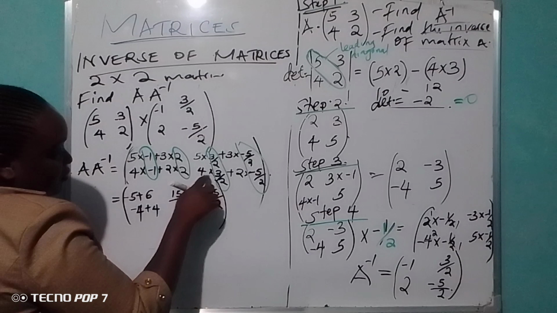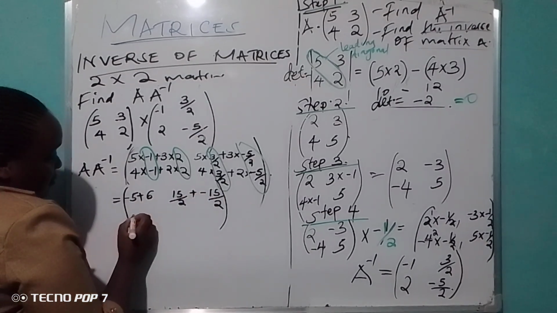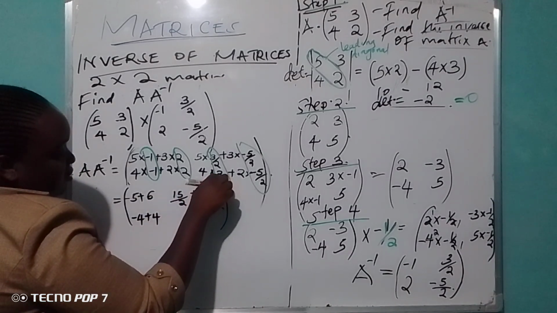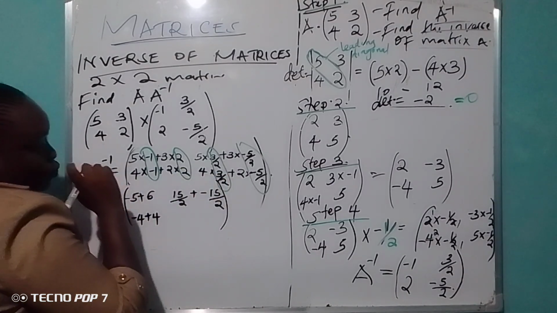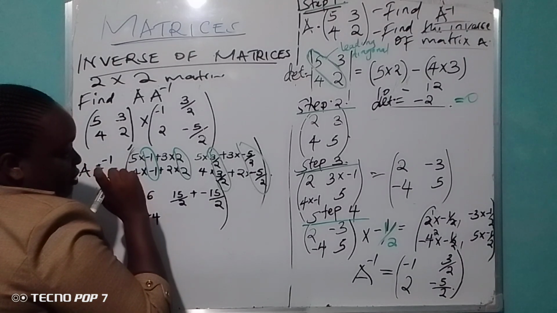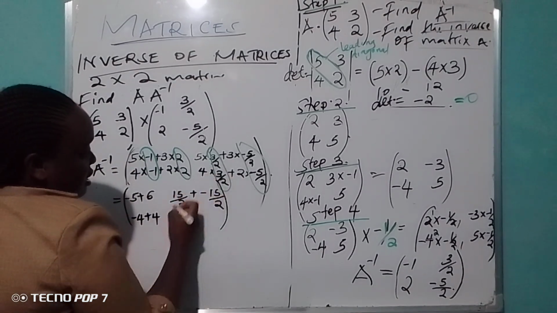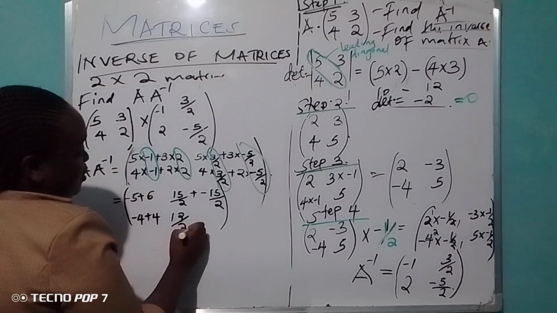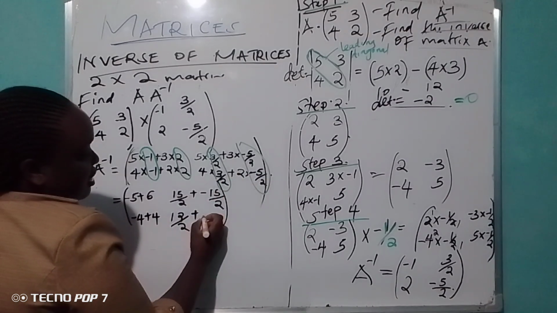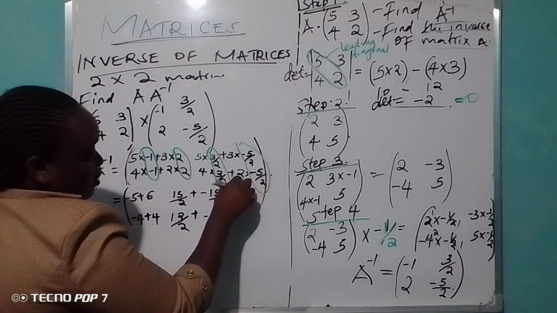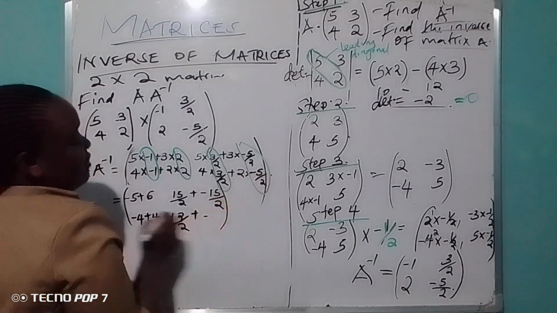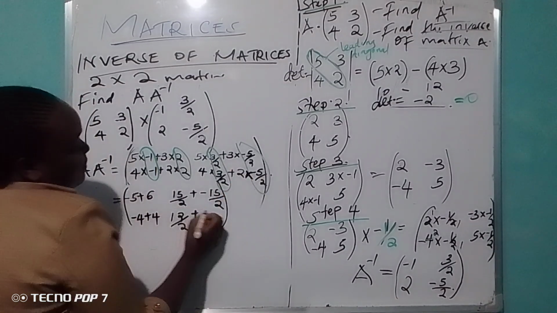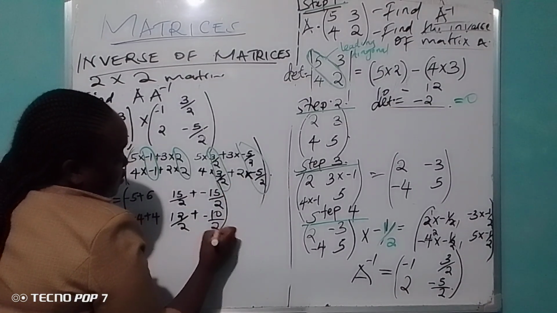Then -4 plus 4. Then 4 times 3 is 12. 12 over 2 plus 2 times -5. 2 times -5 is how much? -10 over 2, right?